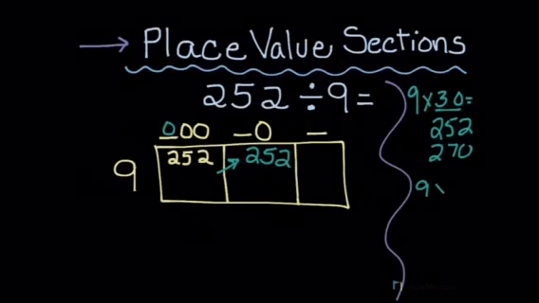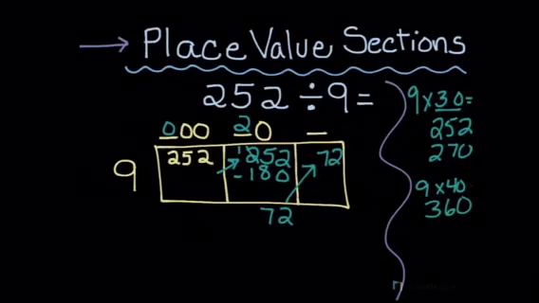What about 9 times 40? Oh, that's too high, 360. So I'm going to use 9 times 30, which is, of course, oh no, wait, that's too high. What am I thinking? We have to use 9 times 20, 180. So I'm going to subtract. And I get 72.